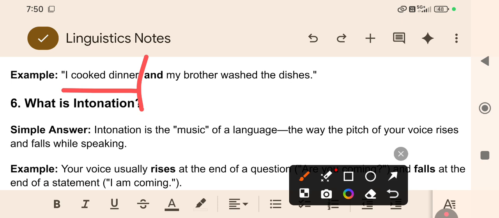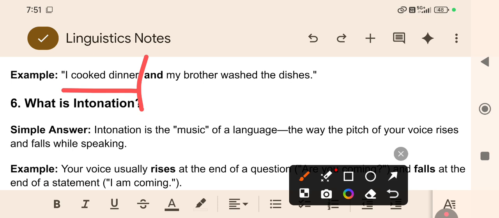And the subordinate clause, that is the clause which is dependent on the main clause, is called subordinating conjunction. Example: she could not come, this is an independent clause, because she was ill. Because she was ill, that is a dependent clause. So because, however, though, these are examples of subordinating conjunctions.